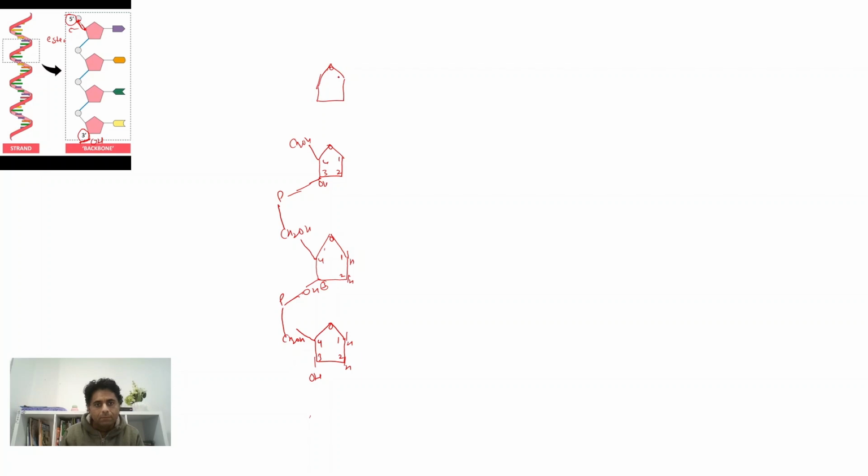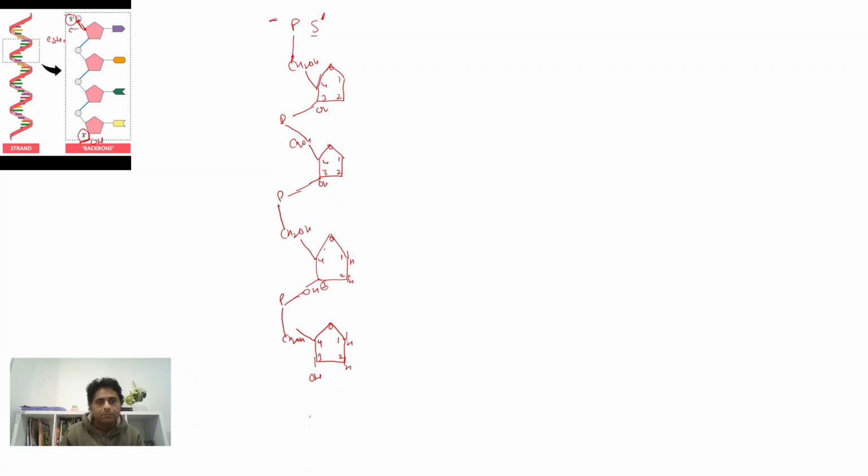First, second, third, fourth, fifth is here, CH2OH, and this OH binds with the phosphate here, and this one binds to the phosphate, but it doesn't make any more bonding with the next pentose. This comes to the end of the chain, where it is connected with the fifth prime of the carbon.